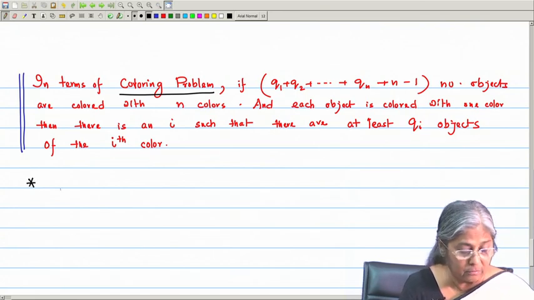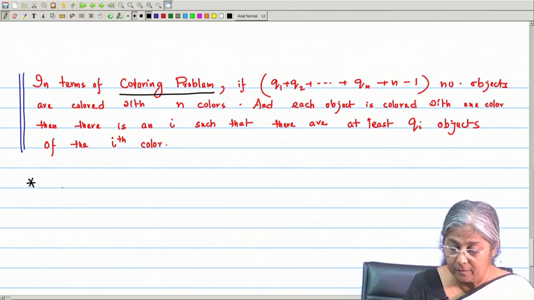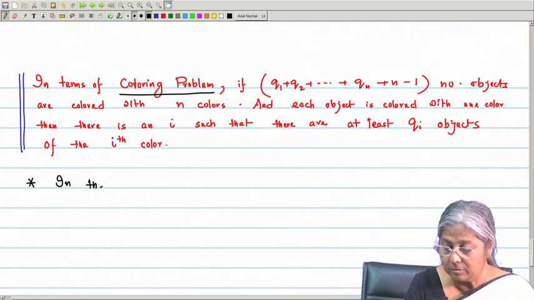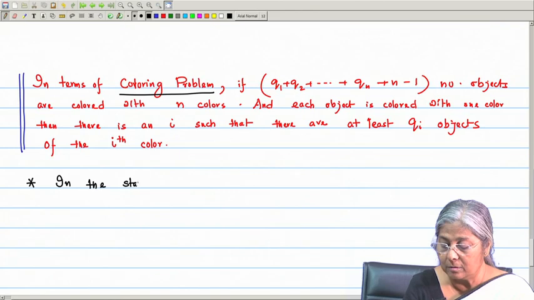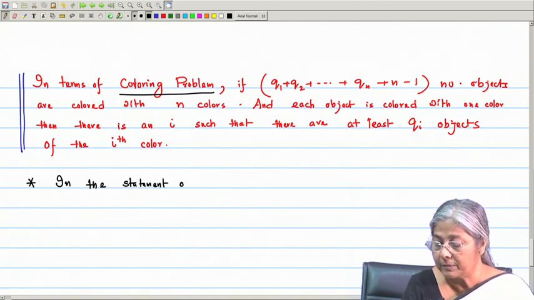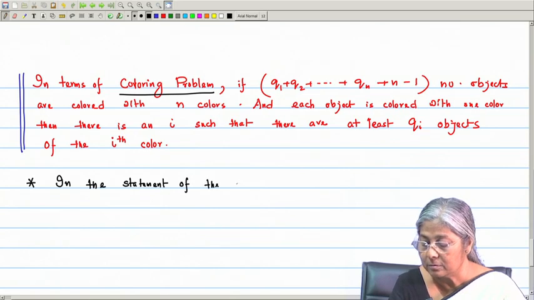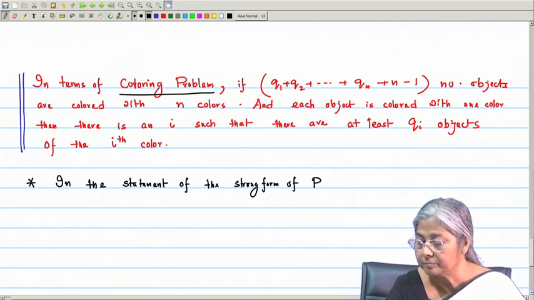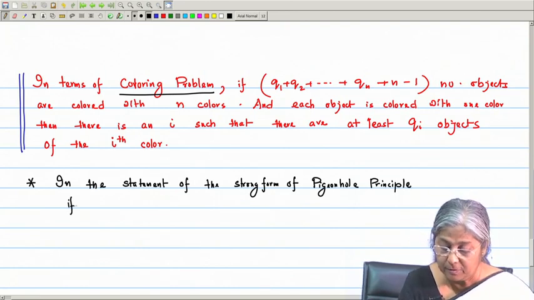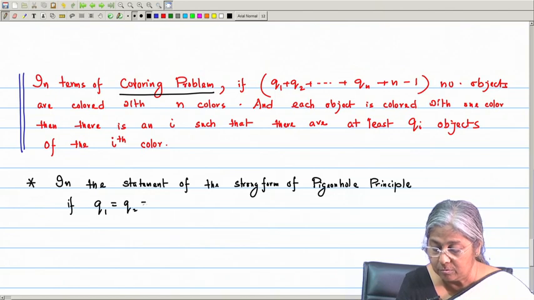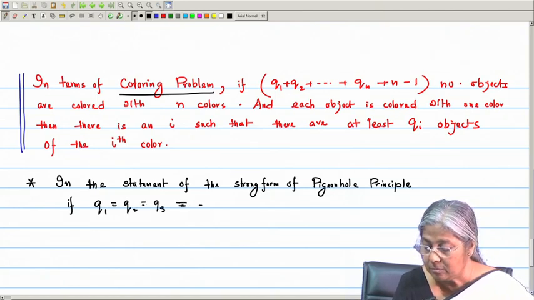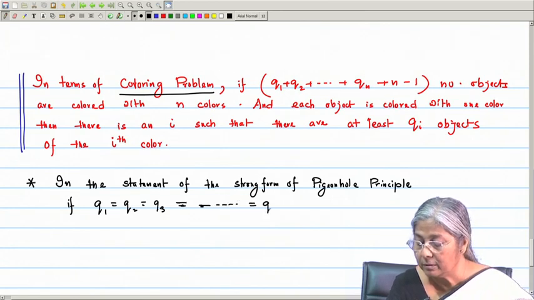You can write one in the statement of the strong form of pigeonhole: if q1 equal to q2 equal to q3 equal to qn equal to r.